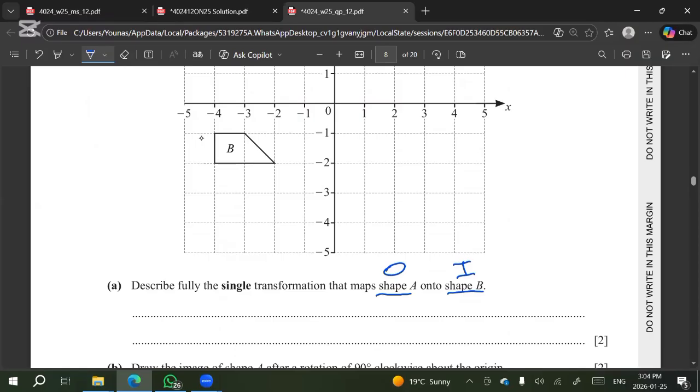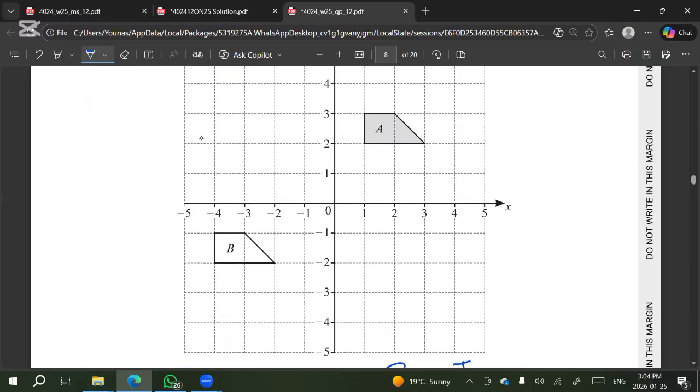Okay. So from A, you see the size of the diagram has not changed. The orientation of the diagram has not changed. The object and the image have the same orientation. That means it's a translation.